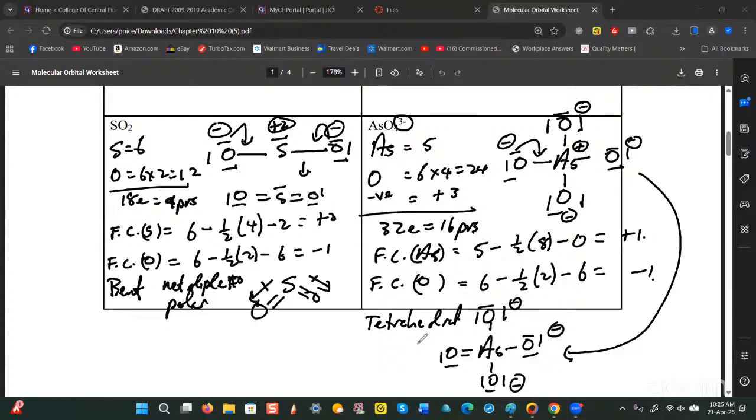Okay, so polarity. Is this molecule, or ion I should say, polar or non-polar? Polar? Sure about that?